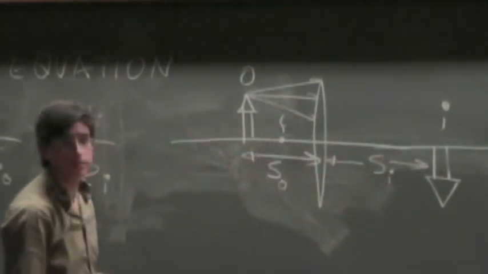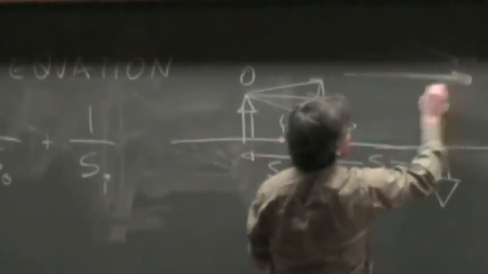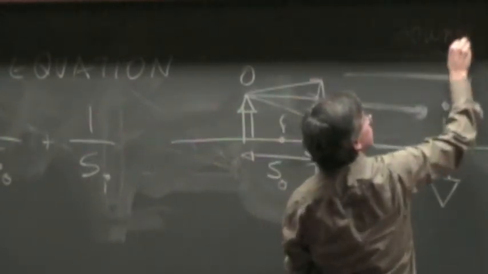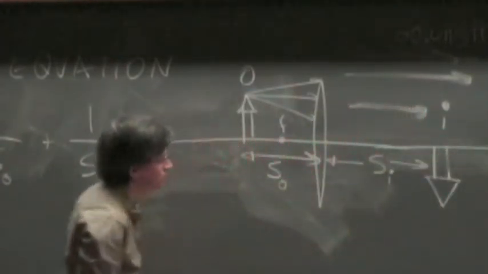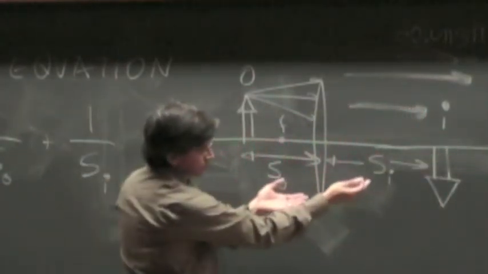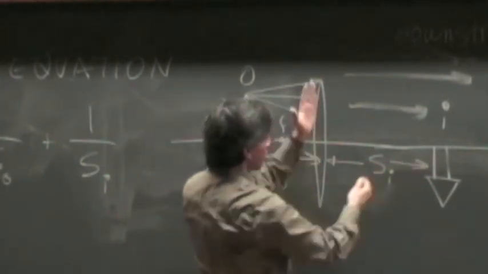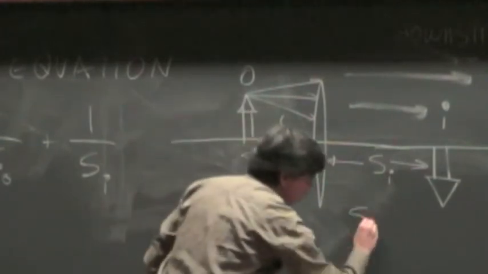Okay, that's important. So you can call that the downstream direction. And when the image of the object is located on the downstream side of the lens, then I'm going to call that positive.